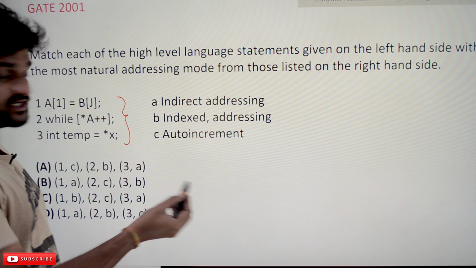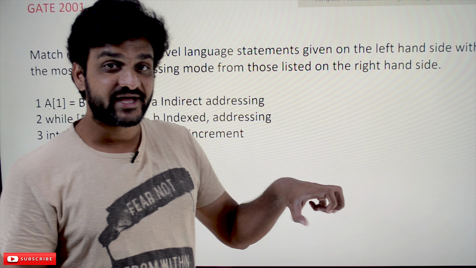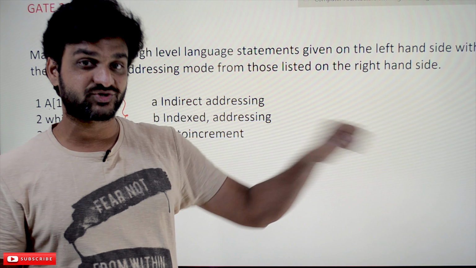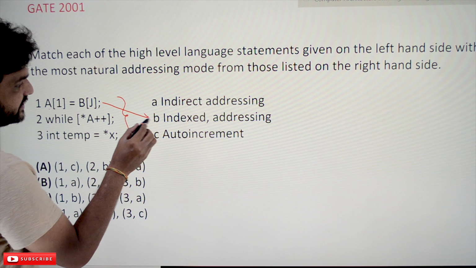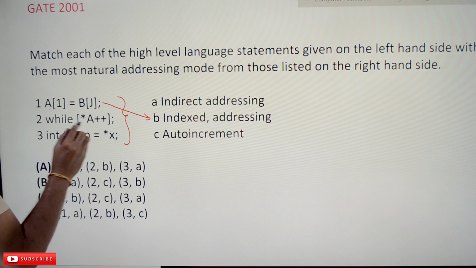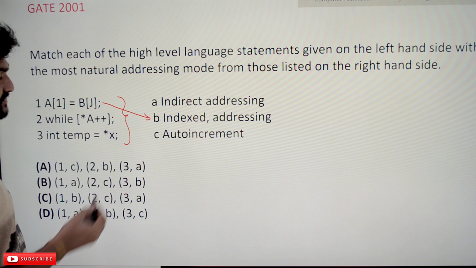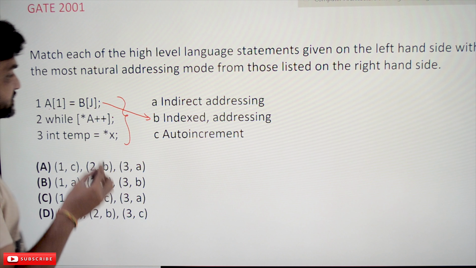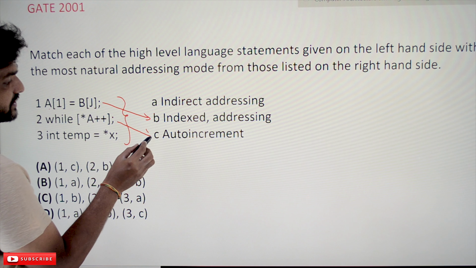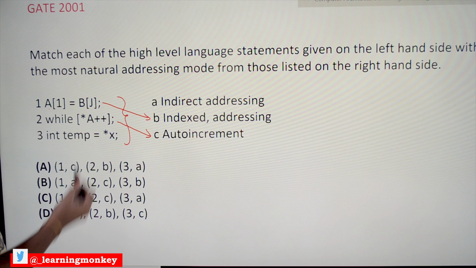As we have discussed, it is indexed addressing, which helps us implement arrays. While *A++ means it is incrementing the values, which is auto increment. And the next one is int temp = *x.